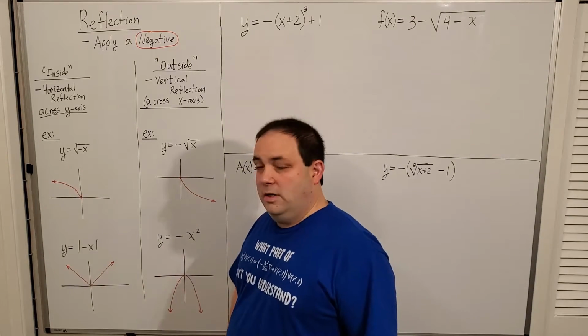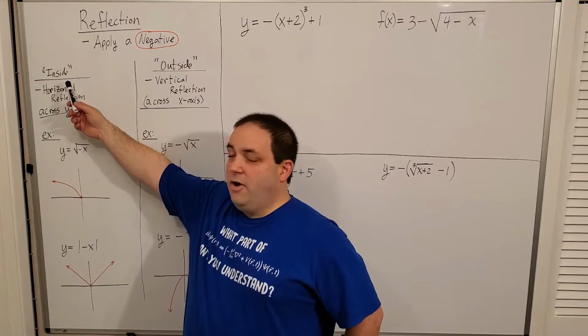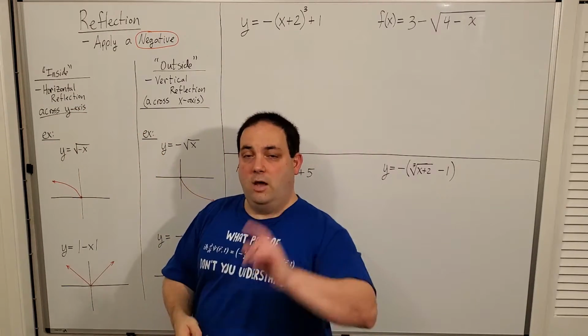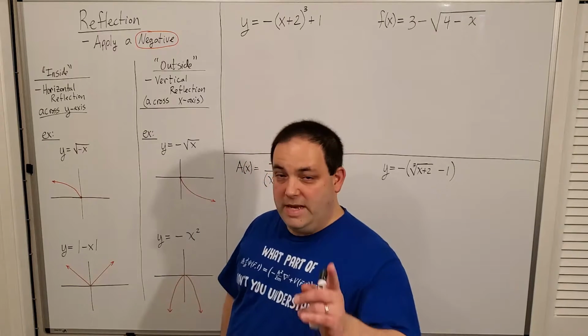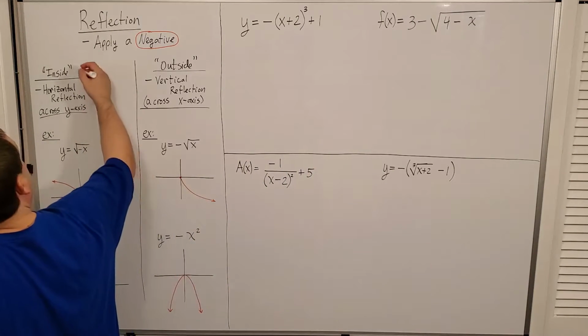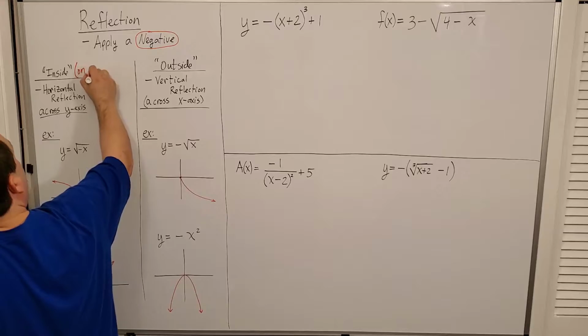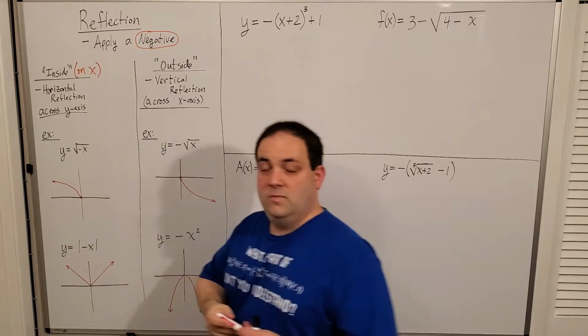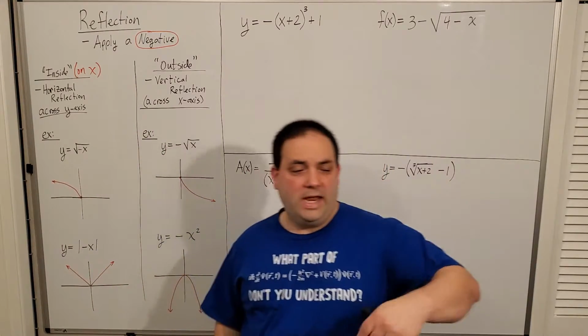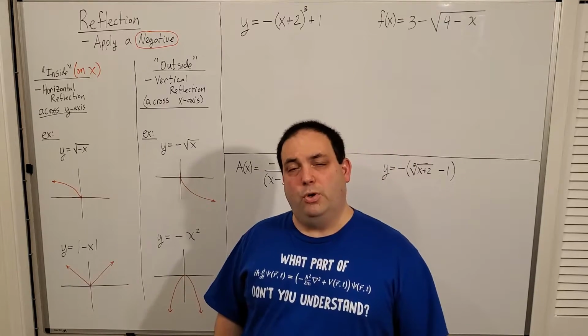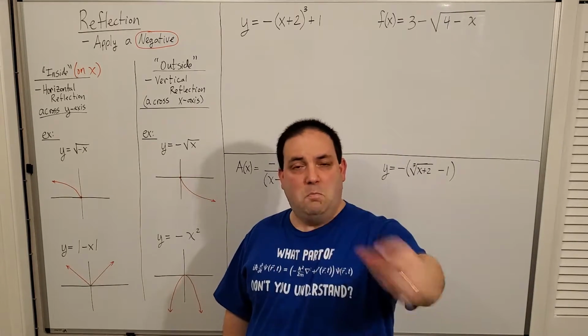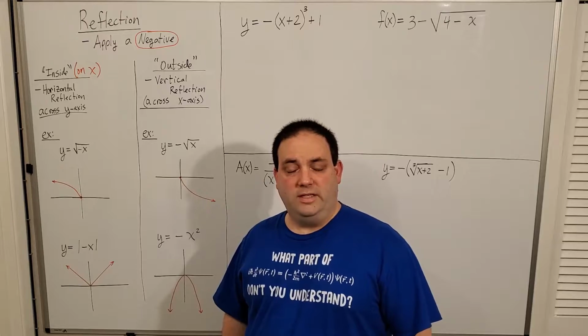All right, so if the negative occurs on the inside, now mind you, it has to be inside and it has to be on the variable x. Okay, that's important. It can't just be a negative already attached to a number unless that's multiplied to x in some sort of way.